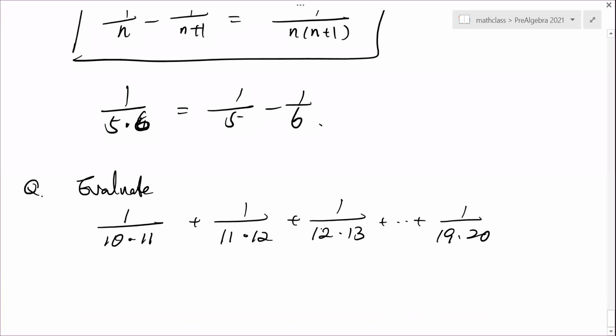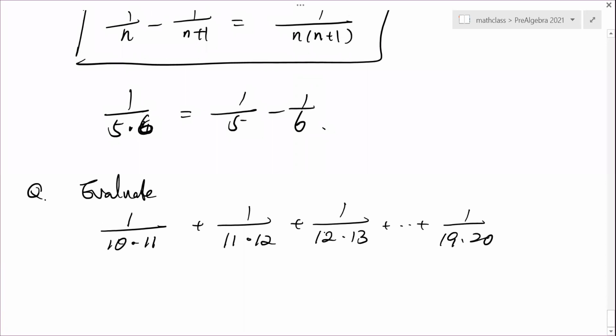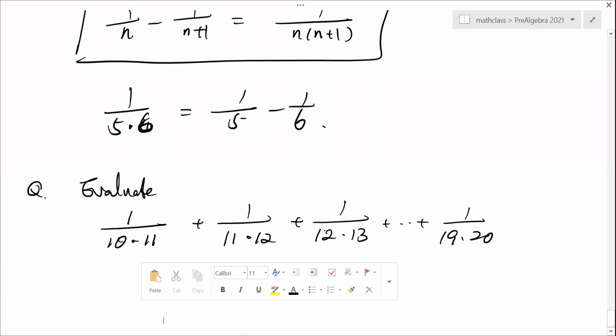So what you do is you separate each term, okay? And you can try, okay? I already gave you a hint here. I hope you can figure it out.